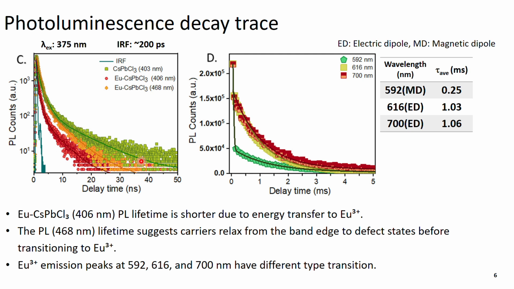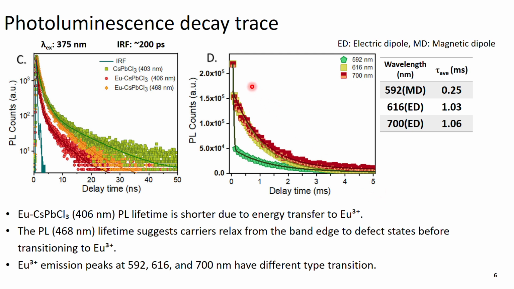So this shorter lifetime is because of the energy transfer: the carrier density becomes lower as carriers transfer to the europium ion. So it has a shorter lifetime. And then we see this picture on the right.